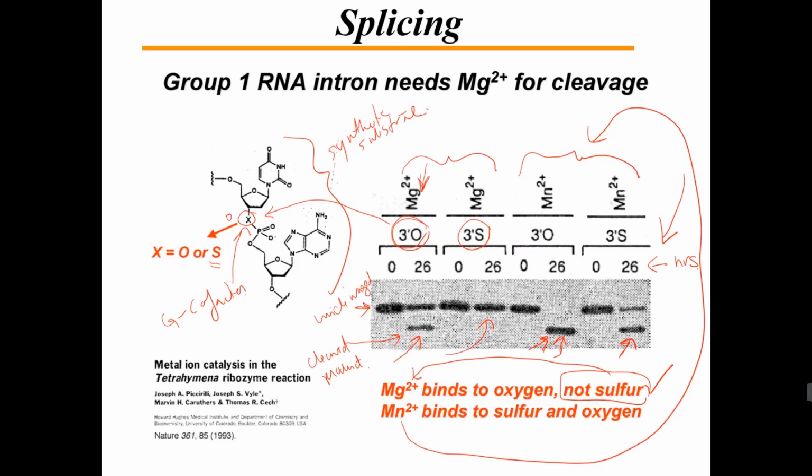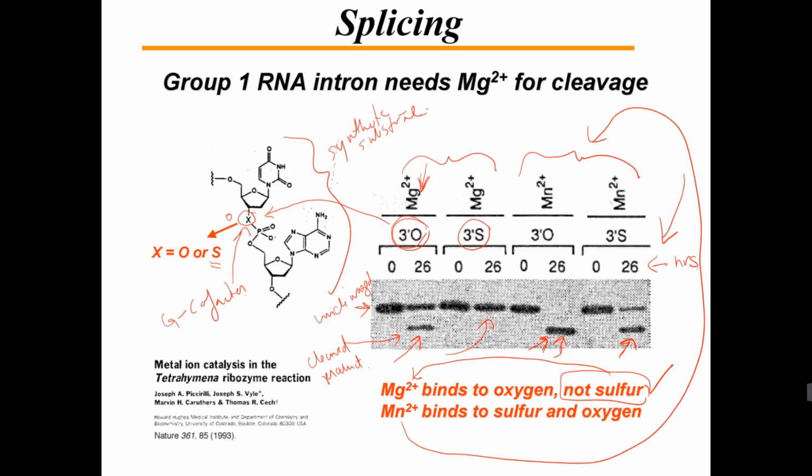Okay, so these data essentially reveal that coordinating with the metal ions in the active site in the presence of the G cofactor is essential for catalysis to occur. And we see that in the presence of magnesium, when it's coordinated to oxygen, we get catalysis, but in the presence of a sulfur atom, we do not get catalysis.